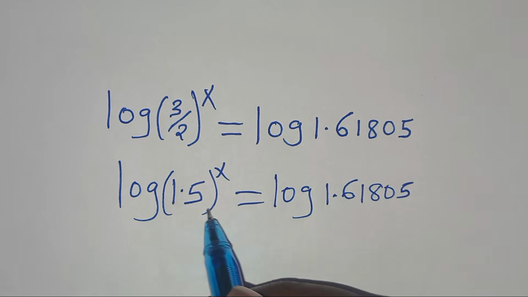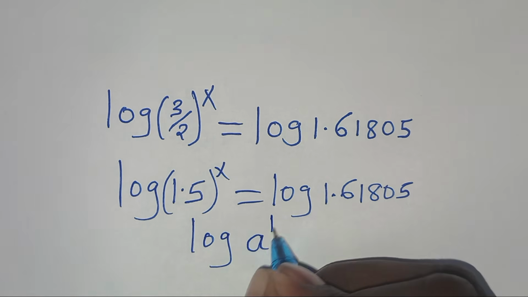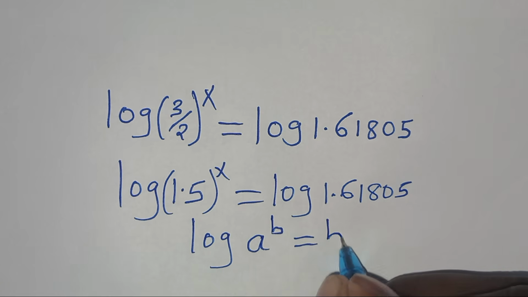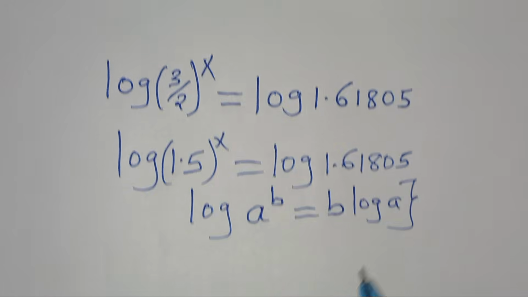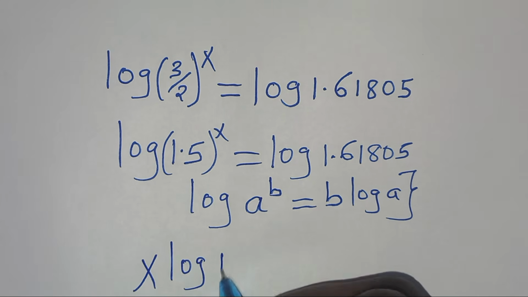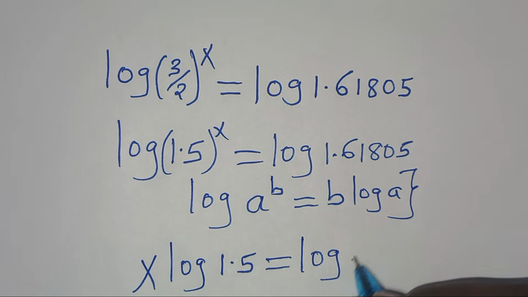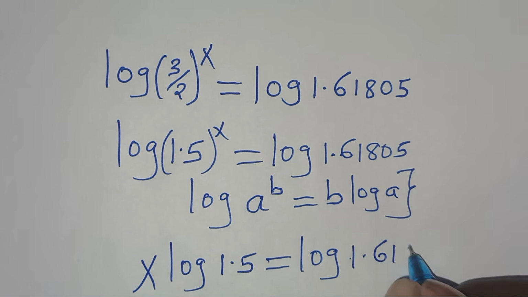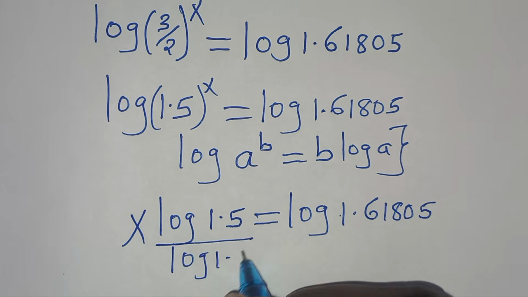Now, log 1.5^x is in the form of log a^b, which can be expressed as b log a. Applying this power log property, we have x log 1.5 equal to log 1.61805. So let's divide both sides by log 1.5.